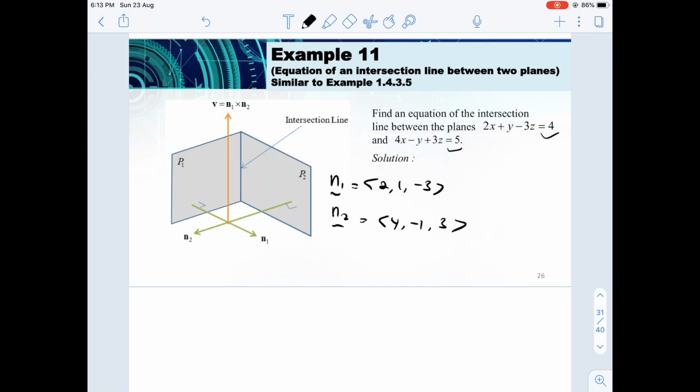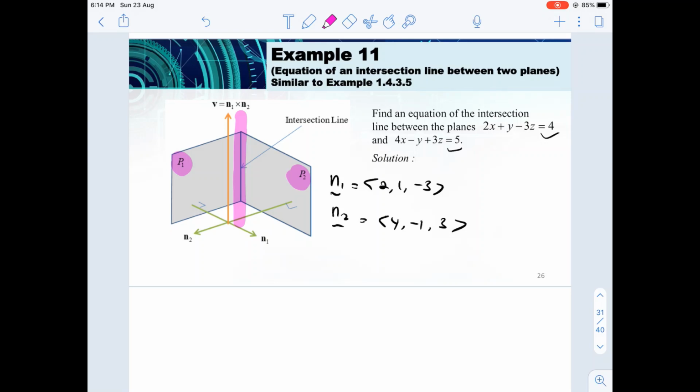In order to find the equation of the line, okay guys, this is the line that intersects between the first plane and the second plane. So here is the intersection line.